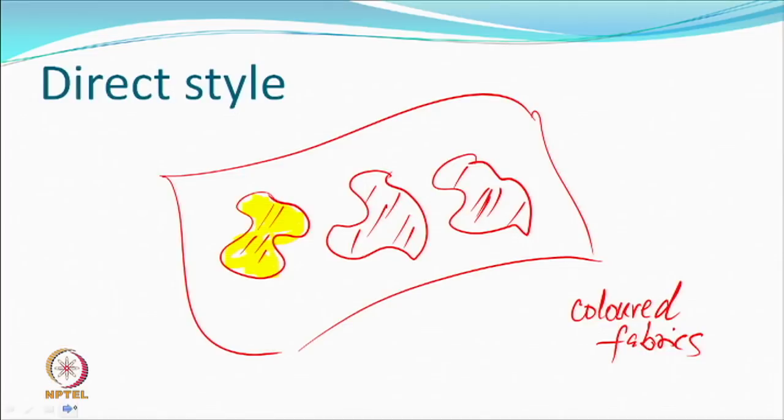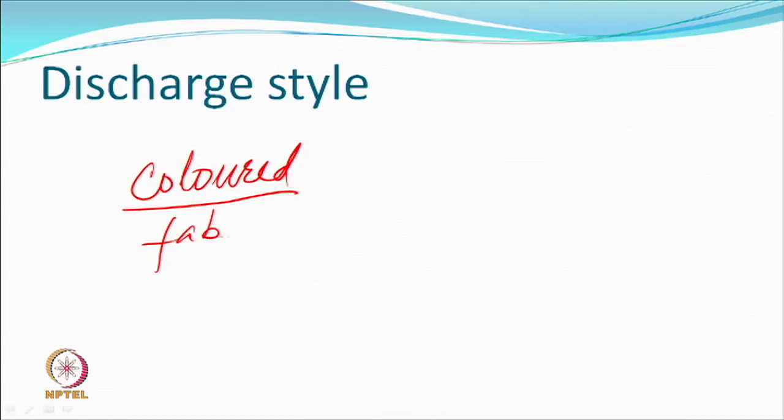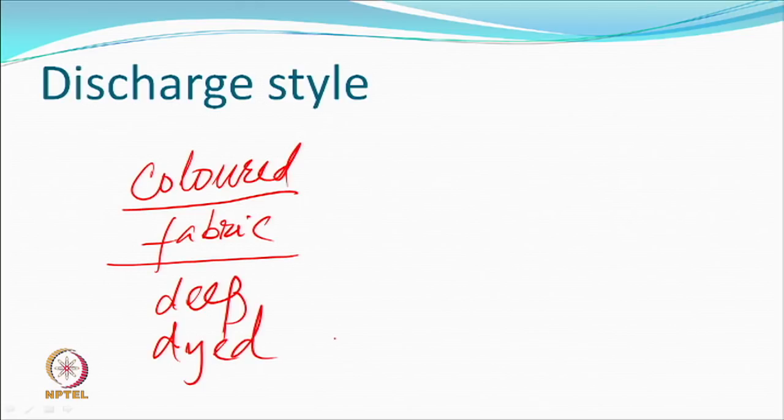So, this style becomes relatively ineffective, and if that happens, then we have the other style in which we say, okay, we have a colored fabric, generally deep dyed. If it is a light color, people would probably go for the direct style and you get the same design.